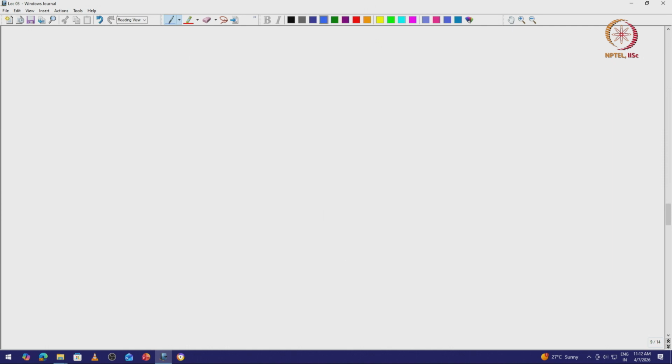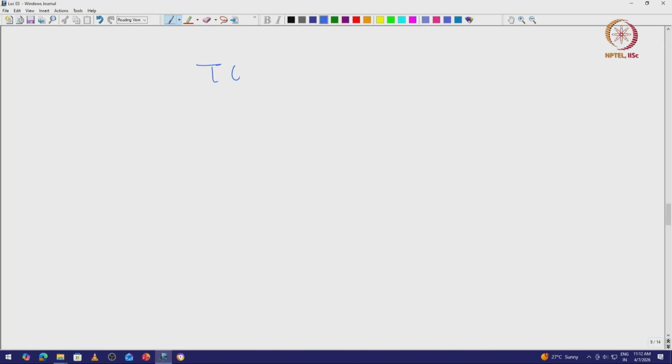Now, without worrying about the monotonicity and special value derivation and other things, we can show that T of n is less than or equal to n ceil log n for all n.